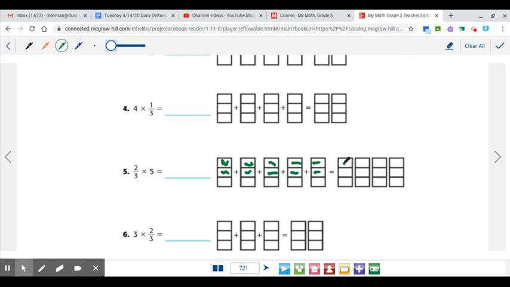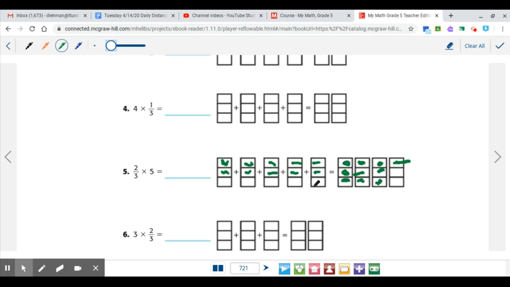So now we've got 1, 2, 3, 4, 5, 6, 7, 8, 9, and 10.